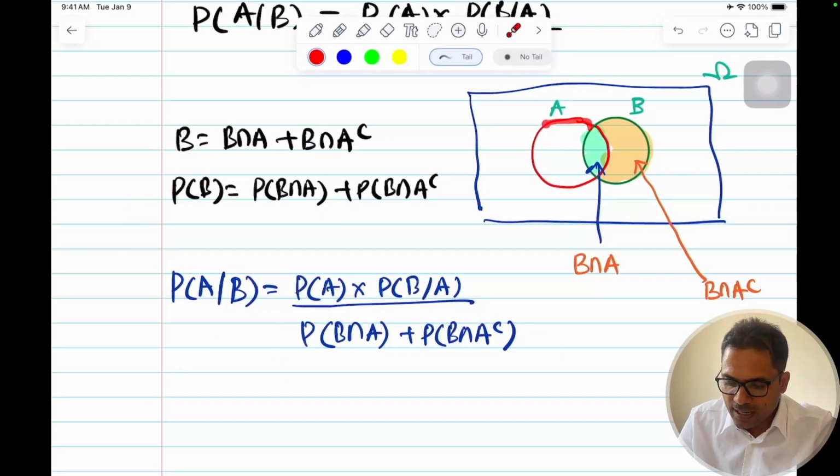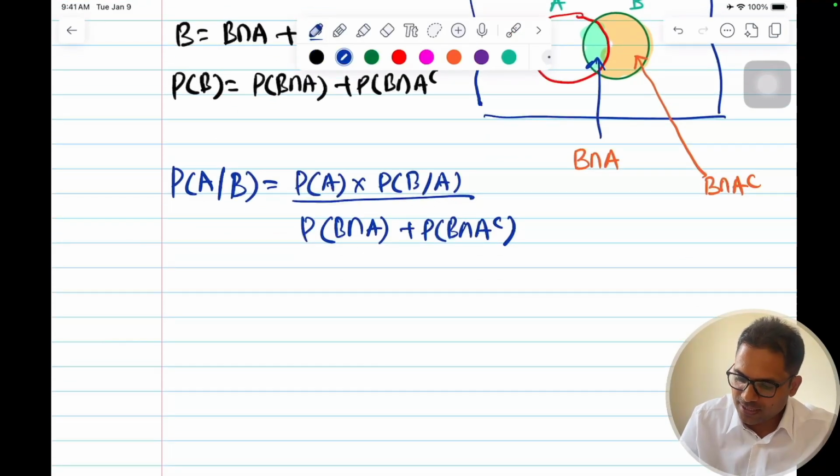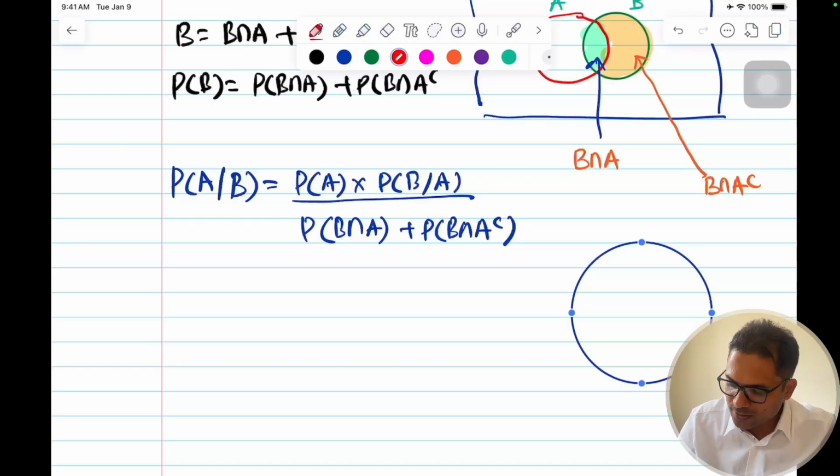So now if you see, the sample space is divided into two parts. Let's extend this further. It is divided into two parts: one is A, the other is A complement. Let me show you in the diagram. Say this is our sample space, and it's divided into two parts, one is A and another is A complement, and somewhere here in the middle our B is sitting.